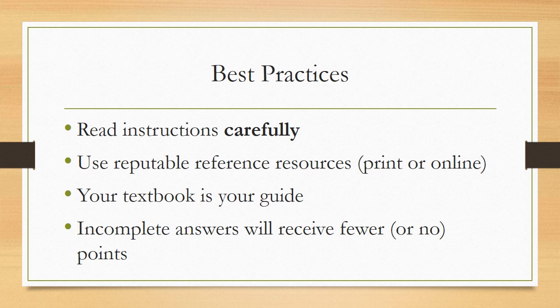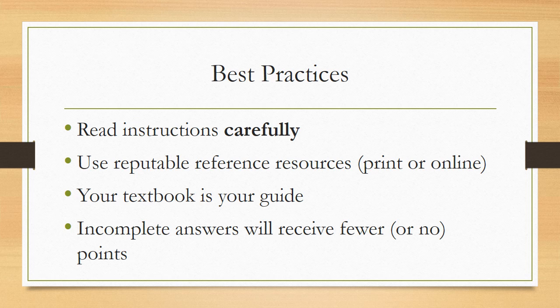Please read the instructions very carefully for each of the sets. You are going to be asked to find and report information from reputable print or online reference sources. Use your textbook as a guide to appropriate sources. Reputable is the important part here.